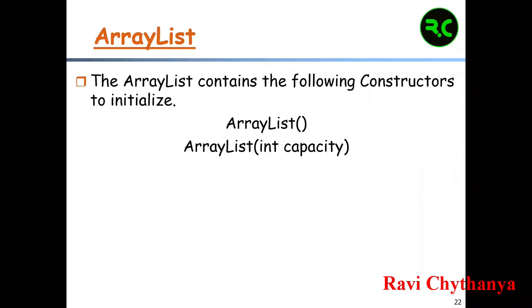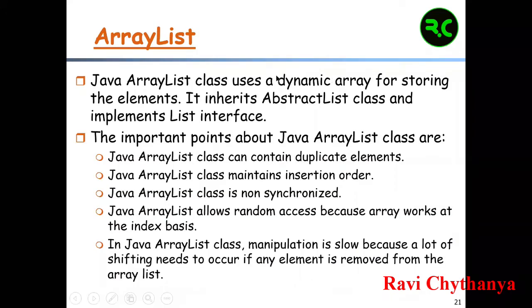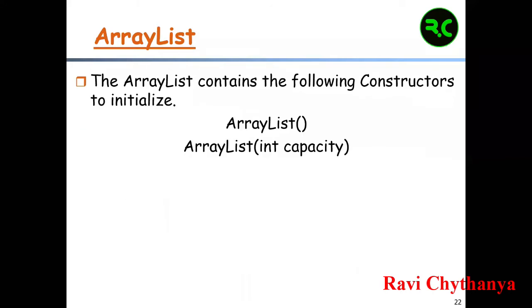The ArrayList class contains two constructors. One is the ArrayList default constructor, and the second one is ArrayList with an int capacity. The capacity is there because it has to create a dynamic array first of all. The dynamic array can be created with an initial capacity of 4 or 7, it depends.